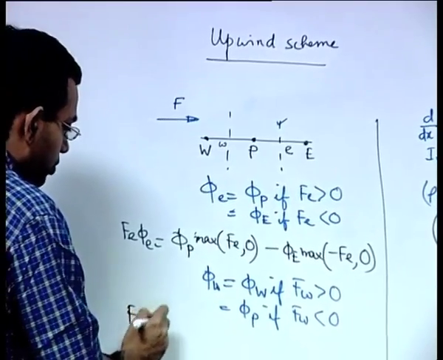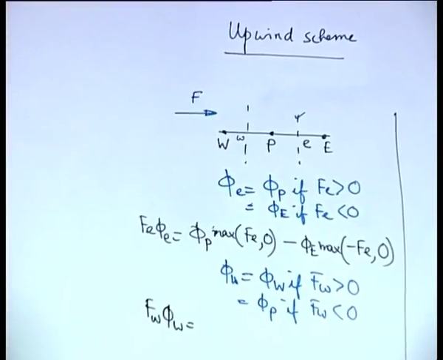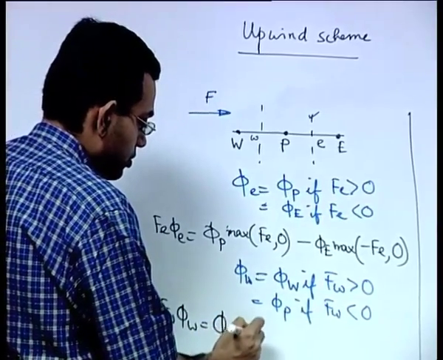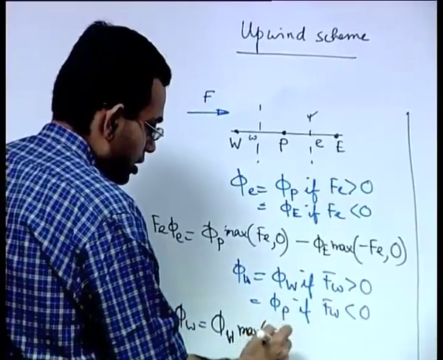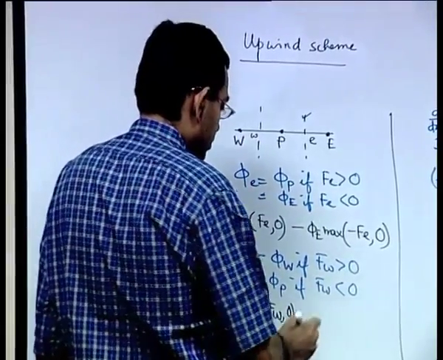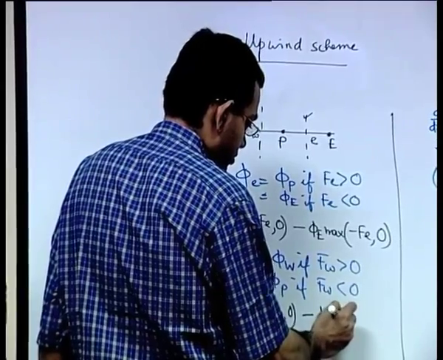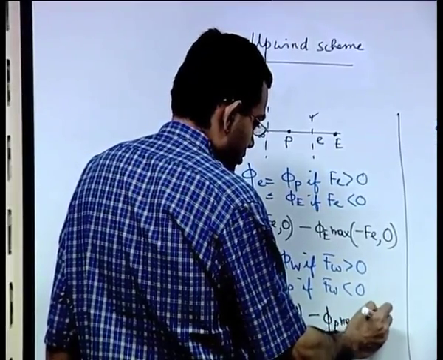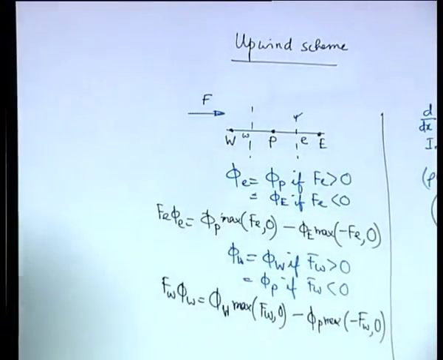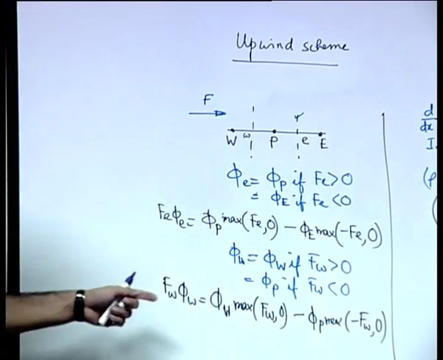So F_w phi_w, what is this? This is phi_w max(F_w, 0). Let us just verify.